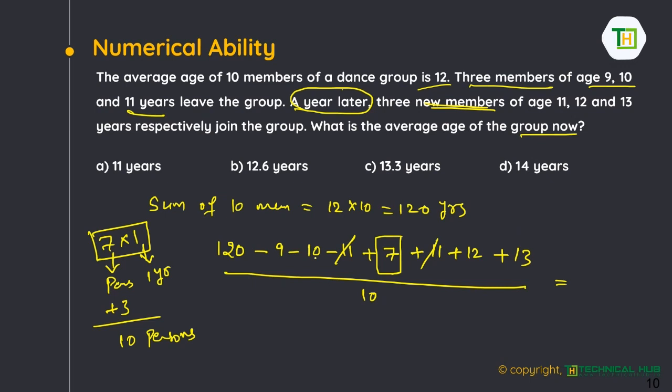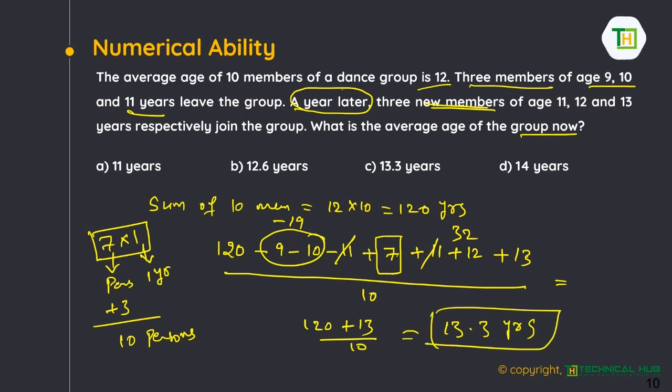And next, this is minus 19, and this one is 13 plus 7, 20. 20 plus 12, 32. 32 minus 19, which is equal to 13. 120 plus 13 divided by 10. This is 133. 133 by 10, 13.3 years.